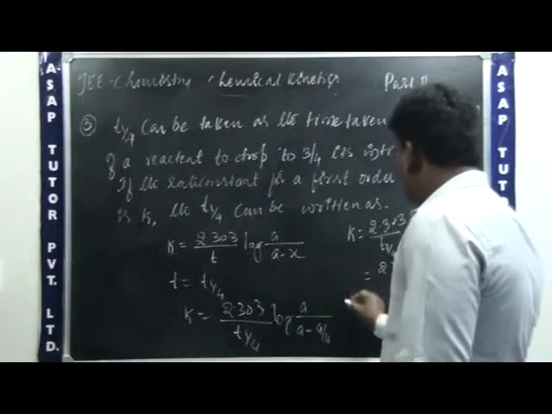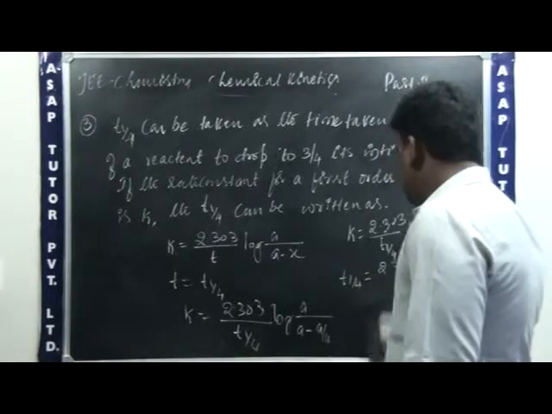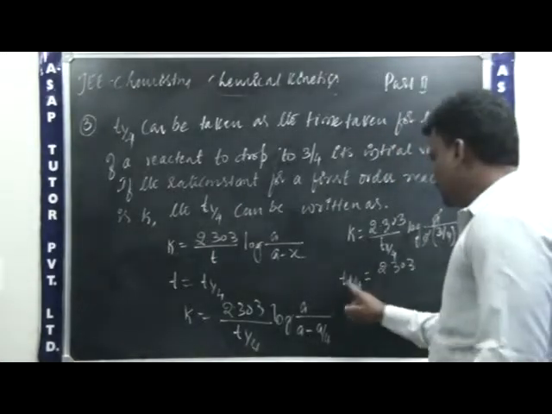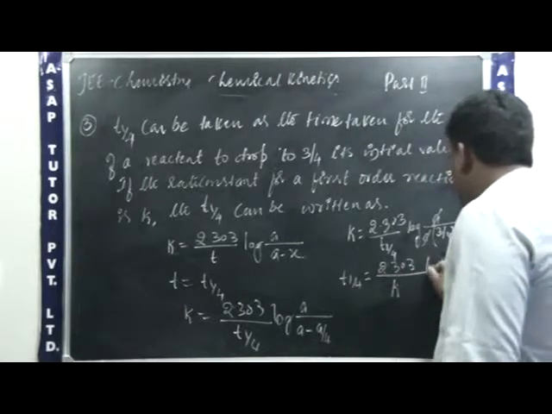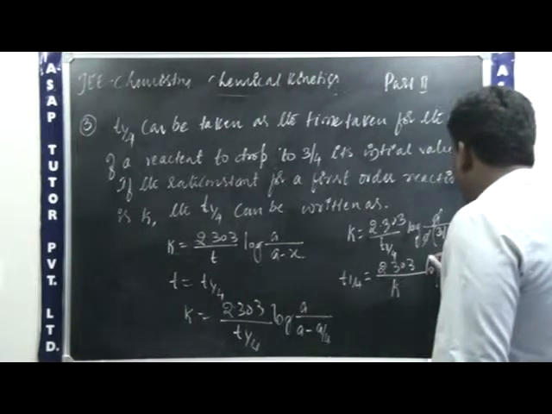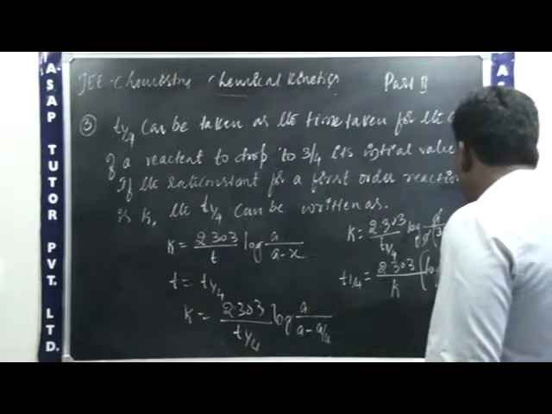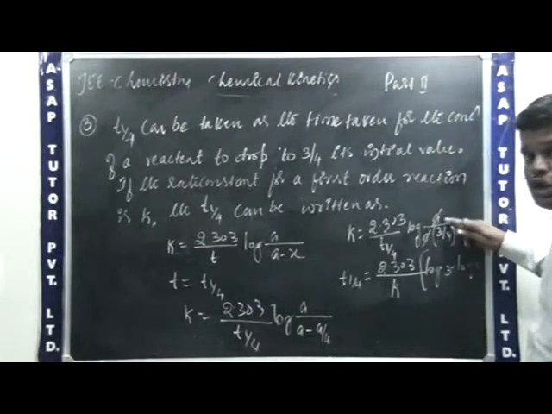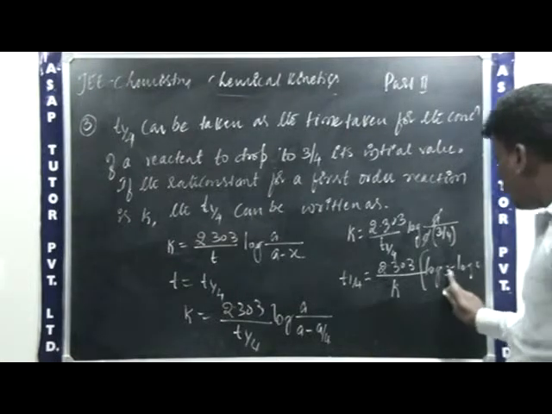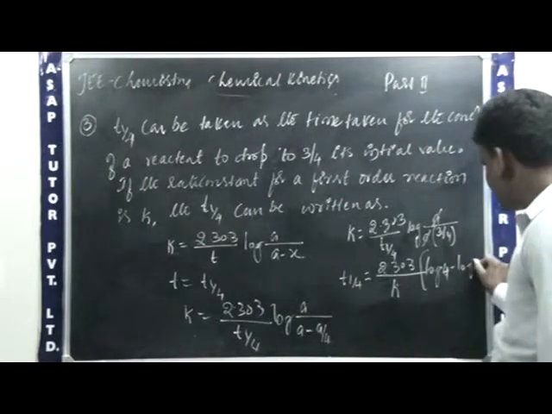Now that is equal to 2.303. We need to find the value for T1 by 4. I will take T1 by 4 to the numerator. T1 by 4 is equal to 2.303 by K, times log 3 minus log 4 you can write. So 4 goes to the numerator, therefore log 4 minus log 3.